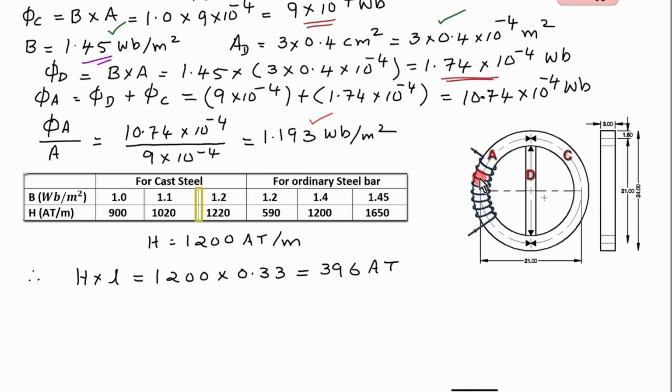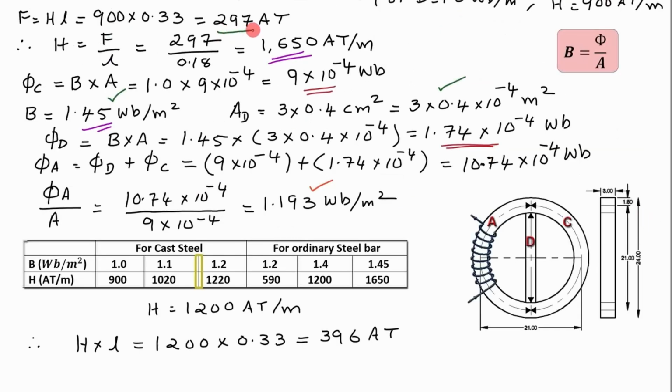Therefore, total MMF required is equal to MMF required for path A plus MMF required for path D or path C, as C and D are in parallel. We have to take any one of them. We found that MMF required for path C is 297 ampere turns and MMF required for path A is 396 ampere turns.